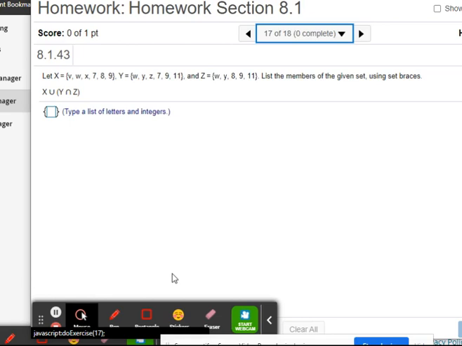We'll give everybody a second to write that part down.